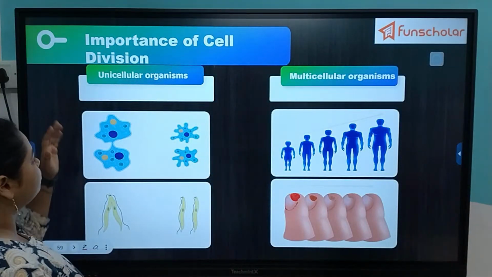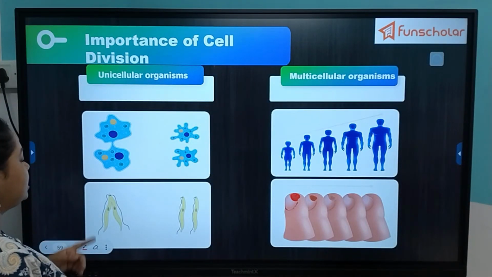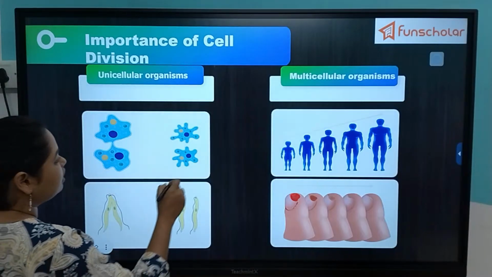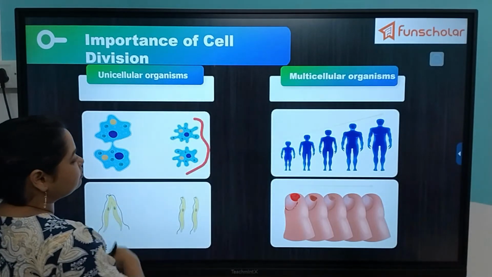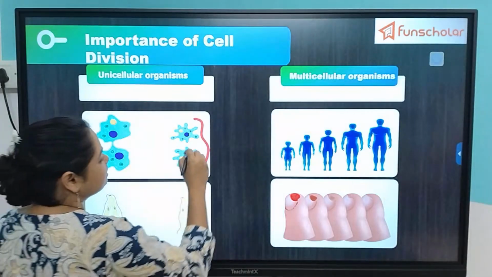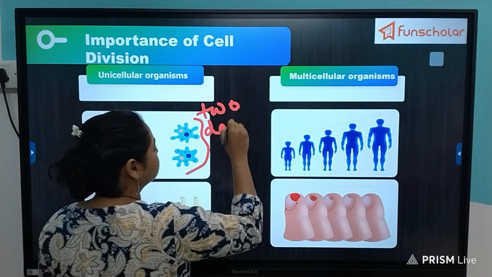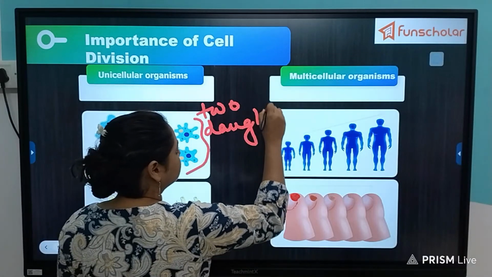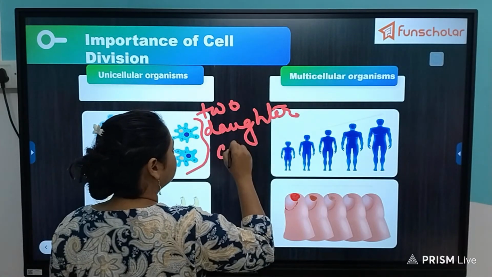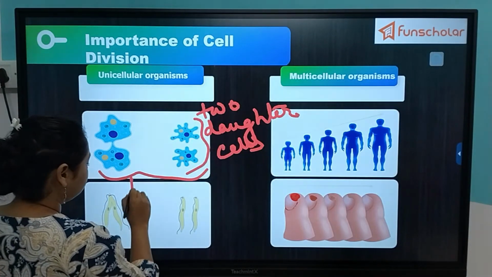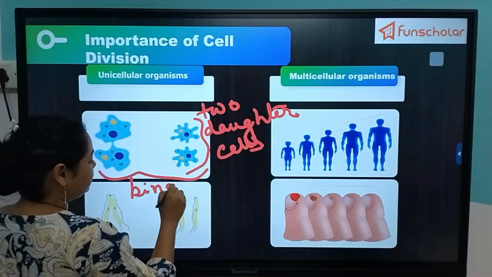Now, in case of unicellular organisms, you can see here that there is simple binary fission, just like amoeba, in which the organism divides into two daughter cells. So this is a process called binary fission.